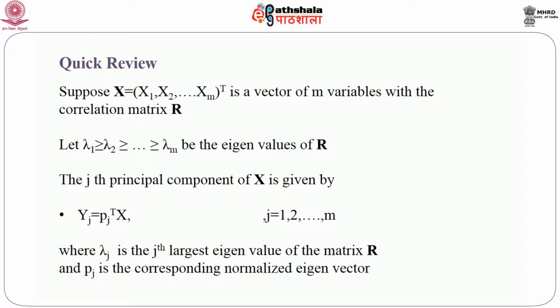So suppose X is a vector of m variables with the correlation matrix R. Let lambda 1 ≥ lambda 2 ≥ ... ≥ lambda m be the eigenvalues of the matrix R. Then the jth principal component of the variables x1, x2, ..., xm is given by yj = pj transpose x, j running from 1 to m. Here pj is the normalized eigenvector corresponding to the eigenvalue lambda j of the matrix R.